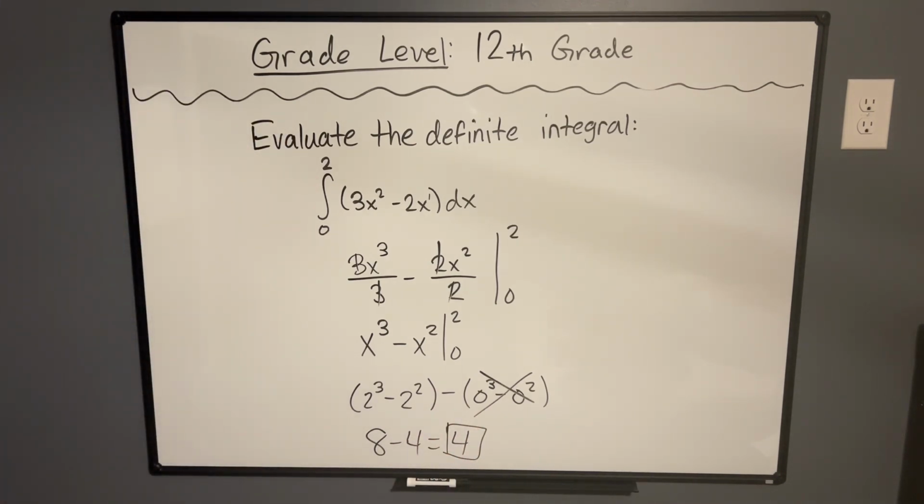So evaluating that definite integral, for those of you that are curious, that didn't take AP calculus, or calculus at all for that matter, what we really did was find the area under the curve. When we think about area in a normal sense, we have our formulas that we use. But when we have a weird curve like this one, if you graph this, it would be a funky curve.